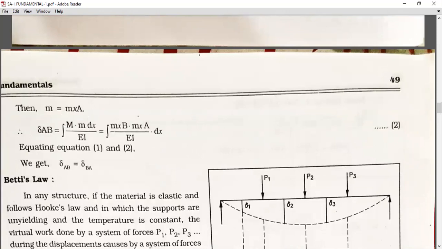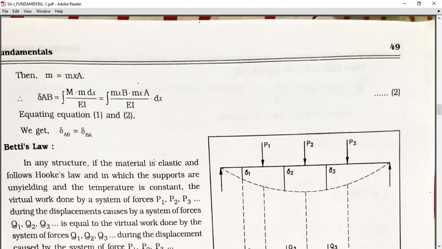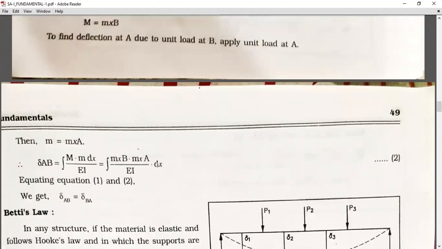Delta AB is equal to the integral of M into small m dx by EI. Put the values of capital M and small m. We get the equation delta AB is equal to delta BA. Next is Betti's law. We can solve it in the next lecture.